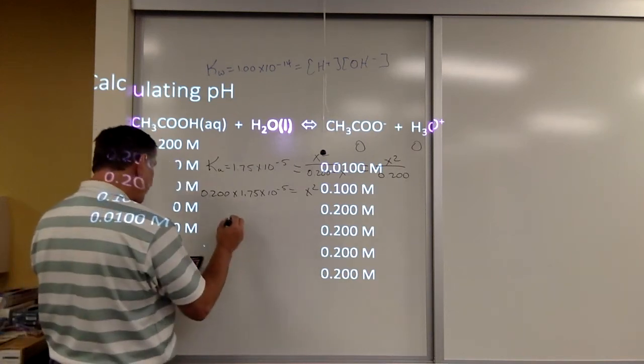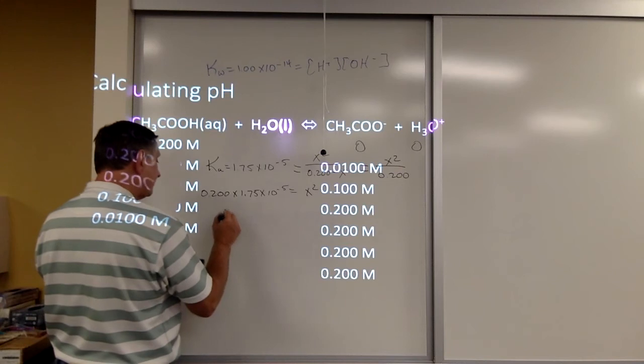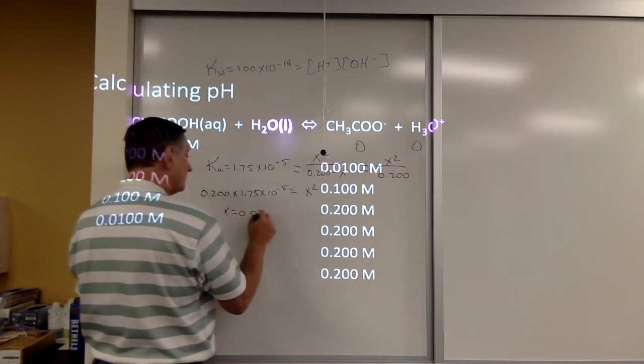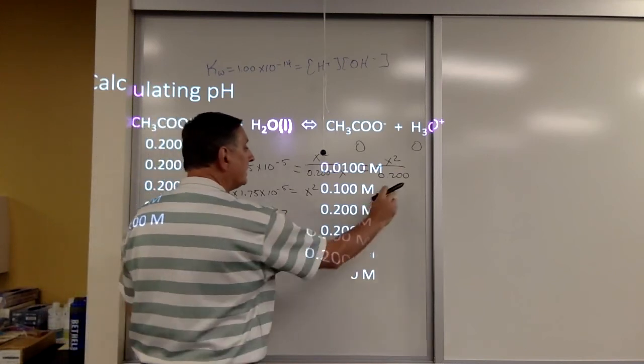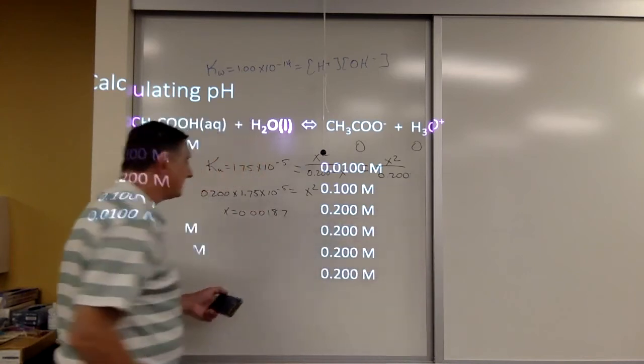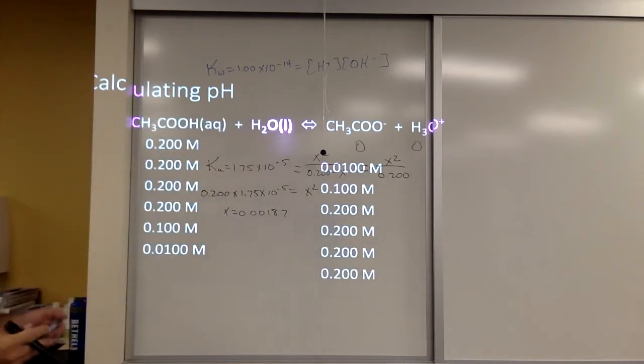X is equal to 0.00187. Now, it's going to make a difference in that last digit. Will it make much of a difference? Not really.